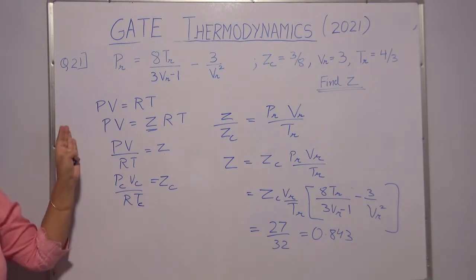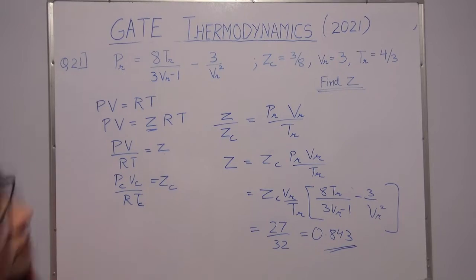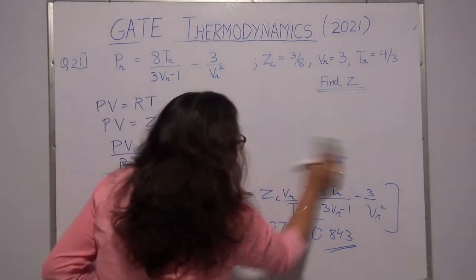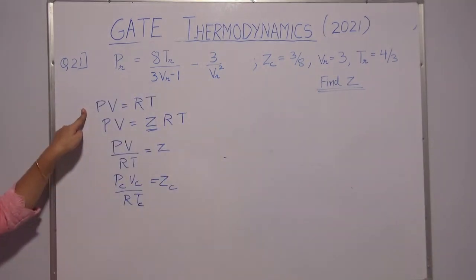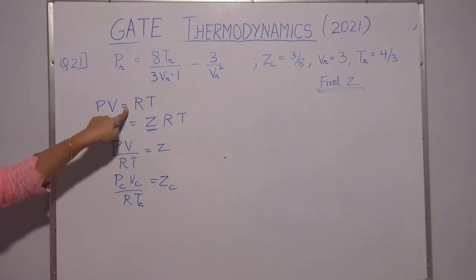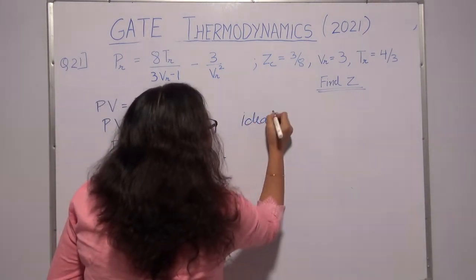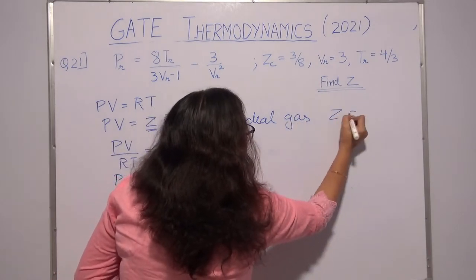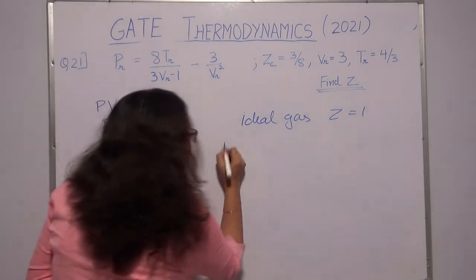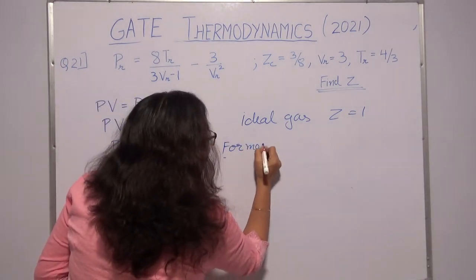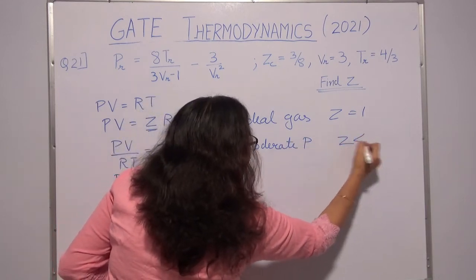A brief discussion on the value of the compressibility factor. Let's talk about the values of Z. You all know that for an ideal gas the value of Z is equal to 1, which is why the equation reduces to this form. When you have real gases, then for moderate pressures the value of Z is less than 1.